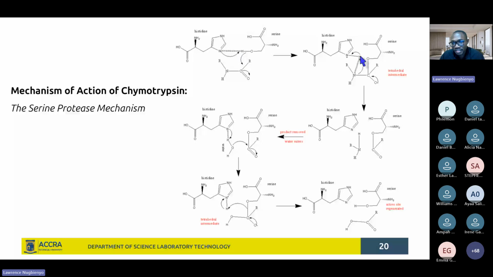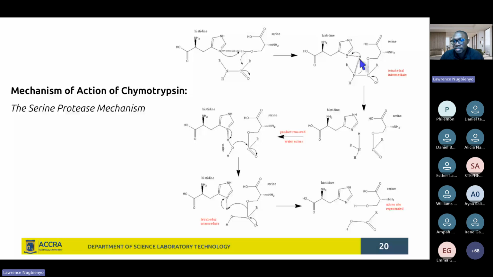So you see the hydrogen is now on the nitrogen, and that nitrogen is now carrying a positive charge. It's a proton transfer. That's what I was referring to, that the activation of some enzymes is by proton transfer, transfer of a hydrogen ion. The transfer is coming from the serine molecule onto the histidine molecule. That activates the enzyme.